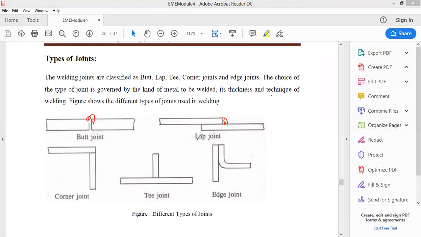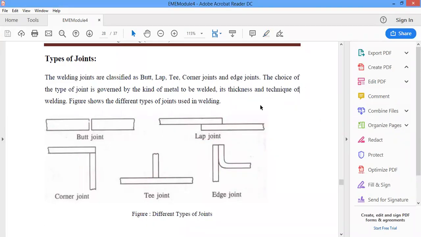So this is called a lap joint, placed one above the other. Corner joint or L joint, so welding will take place in these corners. Similarly, a T joint will happen at these particular places, okay, and edge joint also over here. So these are the different ways the joints can be made using the welding process.